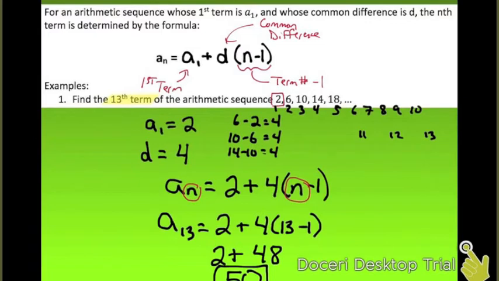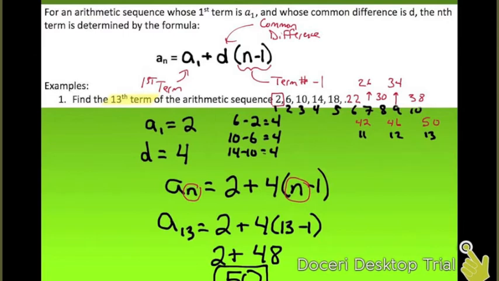So if you extend this out a little bit further, you would have 18, and then 22, 26, 30, 34, 38, if I'm adding 4 on each time, 42, 46, and then term 13 would be 50.